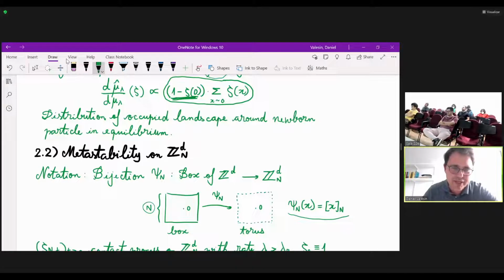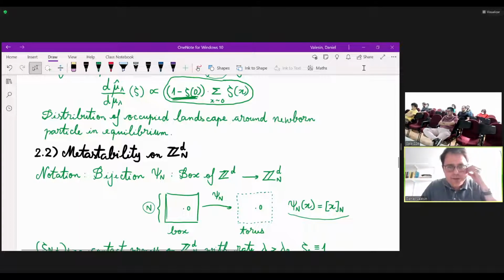So you could imagine that you take a box, and you project it to the torus in the natural way. So the origin is mapped to the origin of the torus. We'll use this psi n quite often because we'll need to transport things from the torus to Z^d.